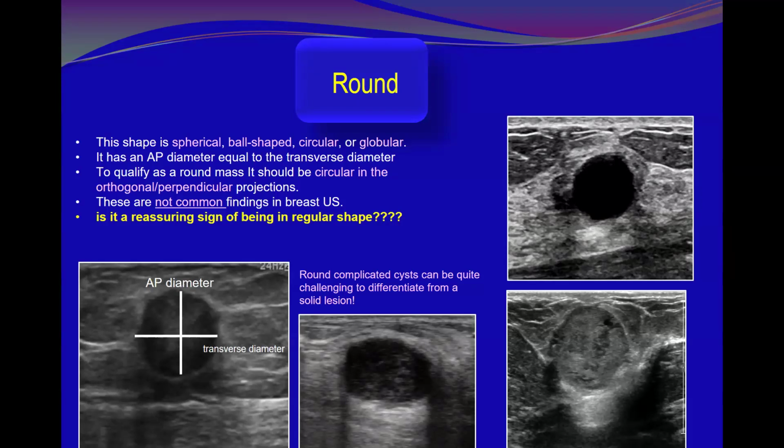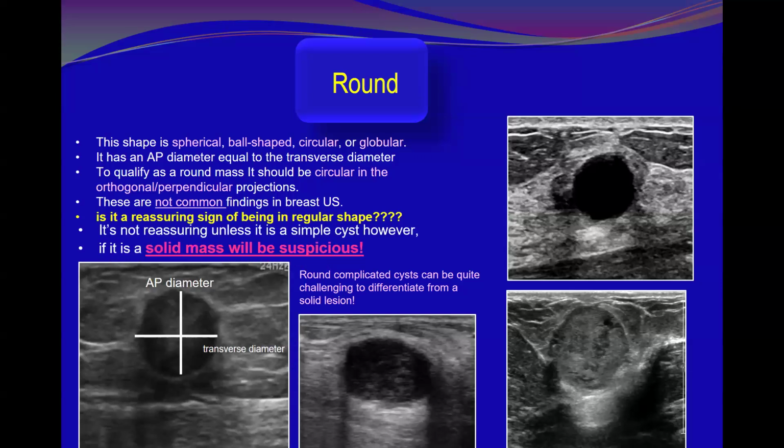Though it is not a common finding on ultrasound, when it is soft tissue or solid, it is not a reassuring sign. And sometimes a round complicated cyst can be challenging to differentiate from a soft tissue or solid round lesion.